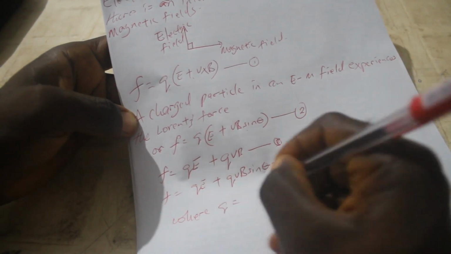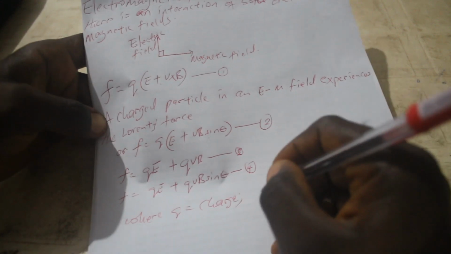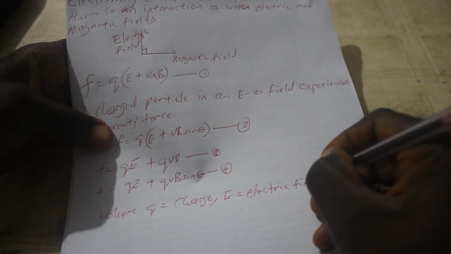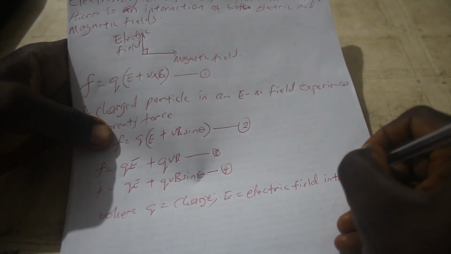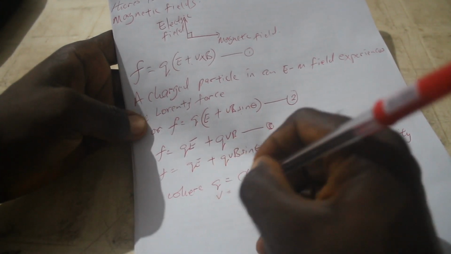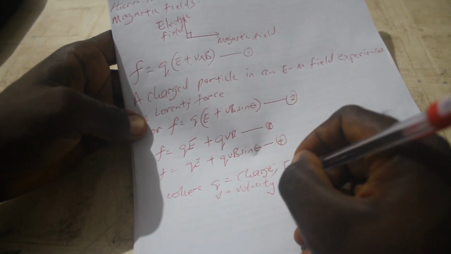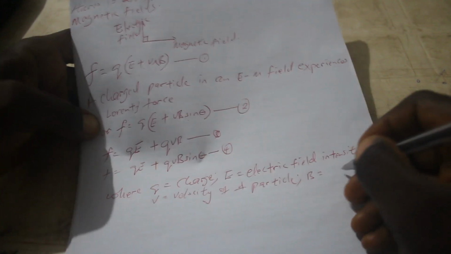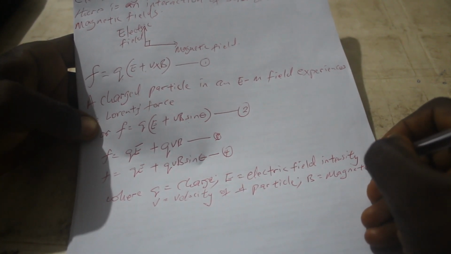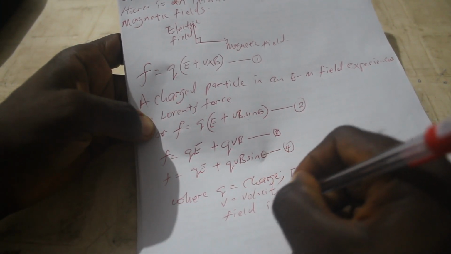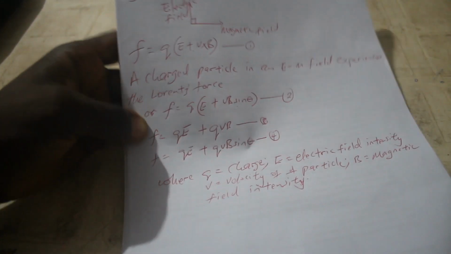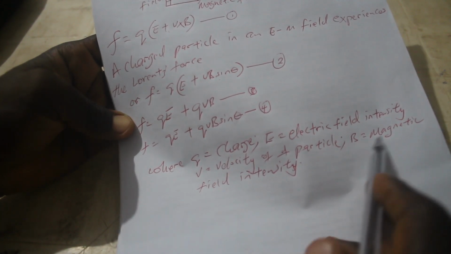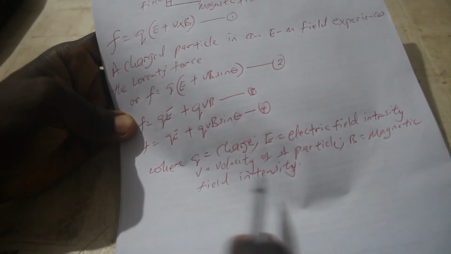Where Q is equal to the charge, E is equal to electric field intensity, or electric flux density, V is the velocity of the particle, and B is magnetic field intensity, or the magnetic flux density, any one of them.